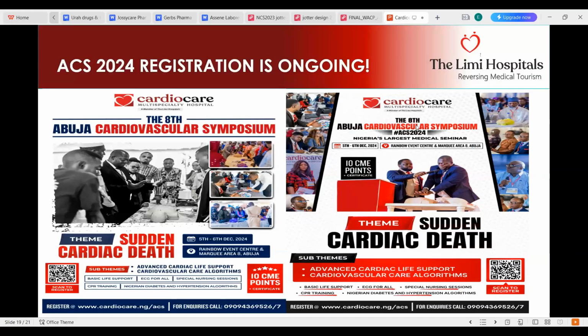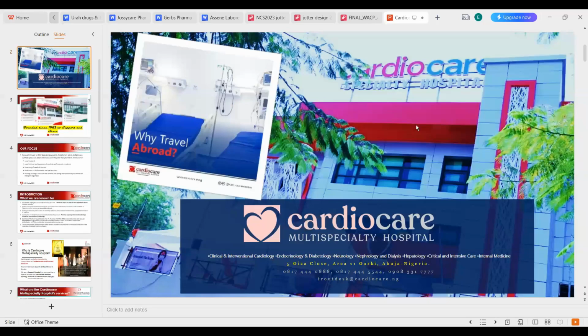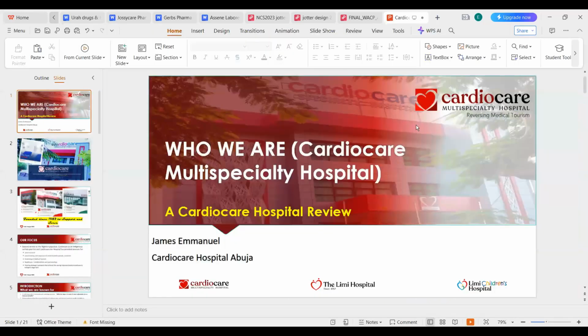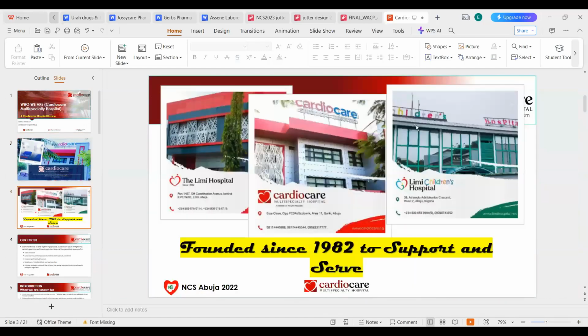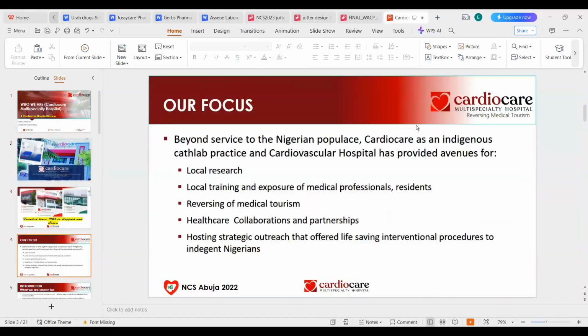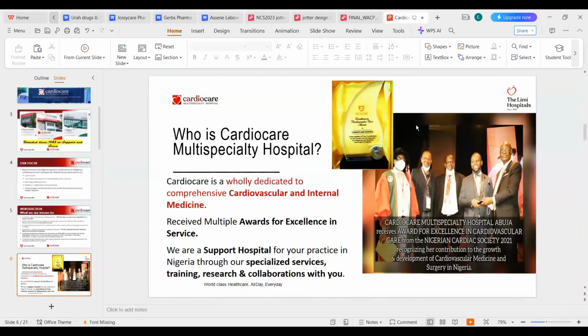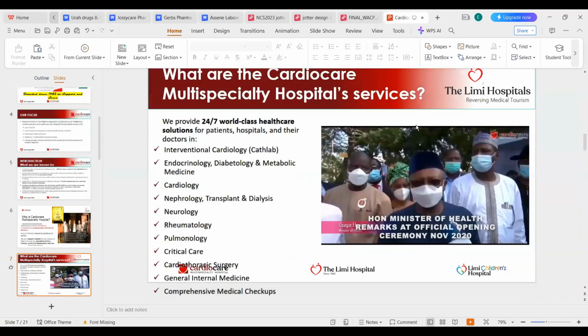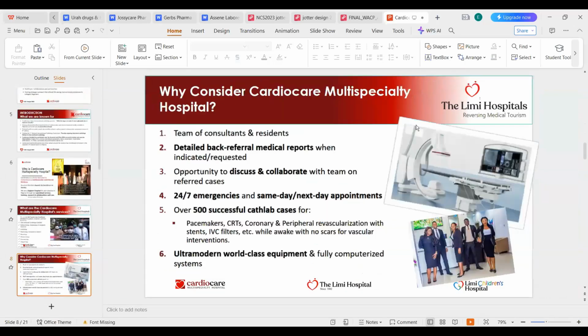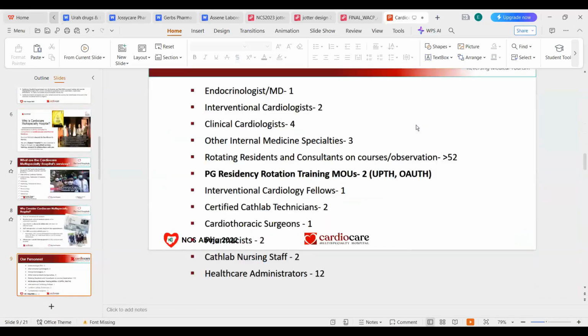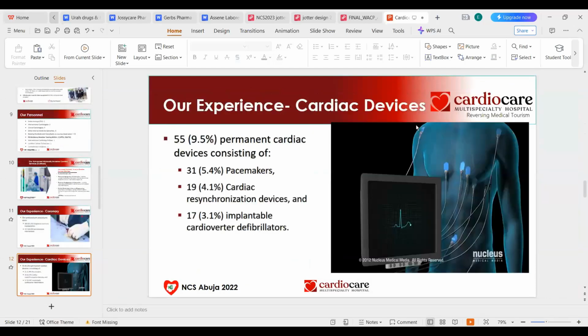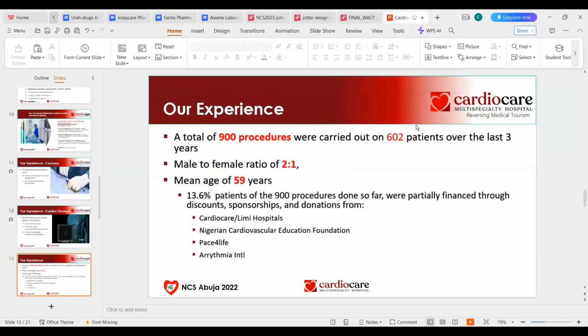Before I hand over to them, I'll talk on how you can refer to us if you have cases that you need to refer to Cardiac Care, as you can see on your screen.